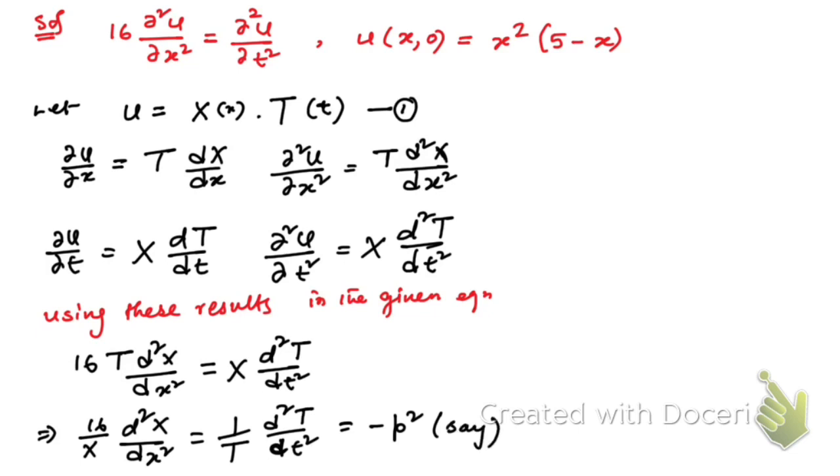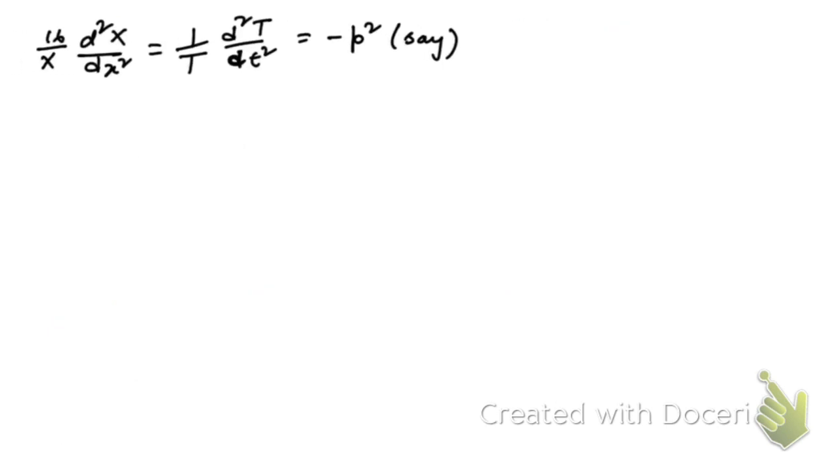So now let me copy these things and go to the new slide. Here is the last step we have got: 16 by capital X, second order derivative of capital X with respect to small x is equal to minus p square.